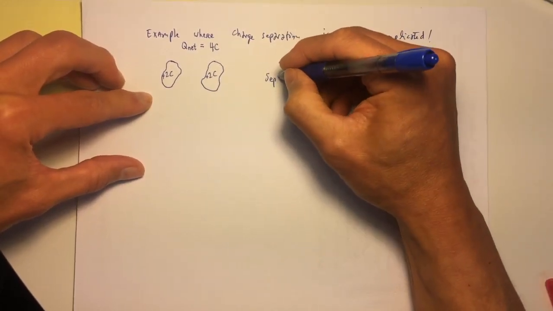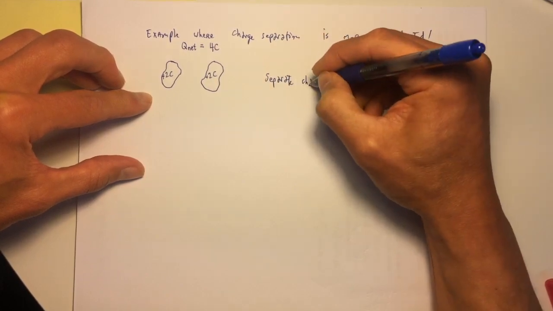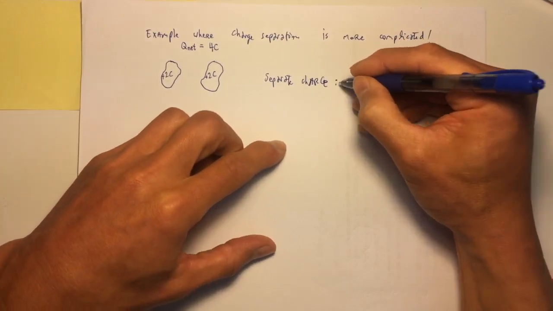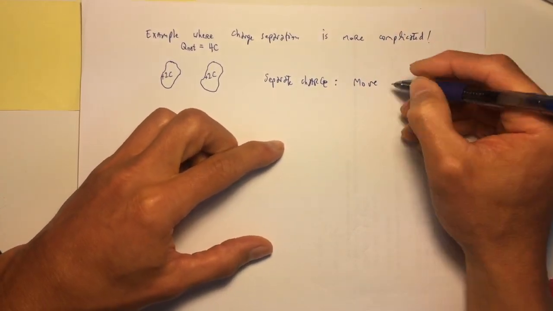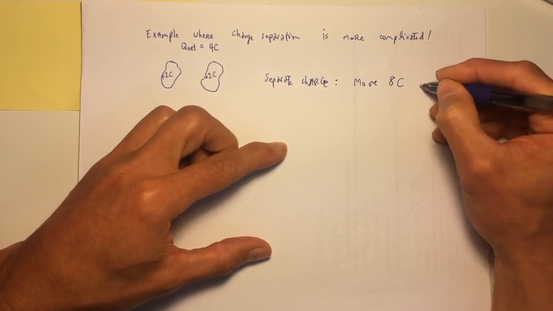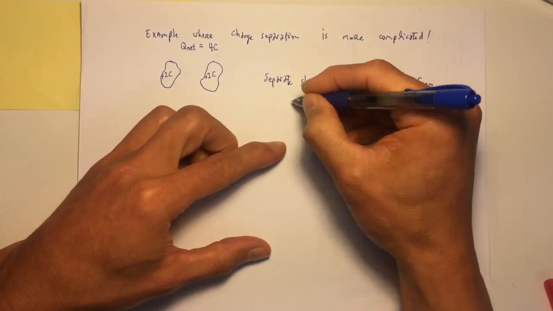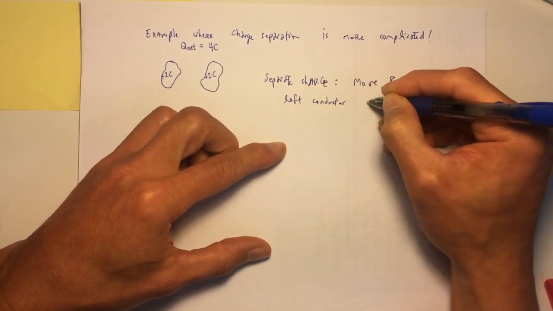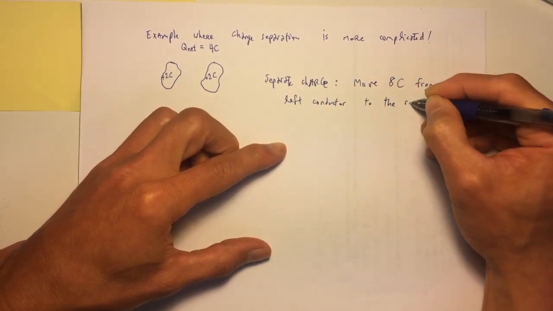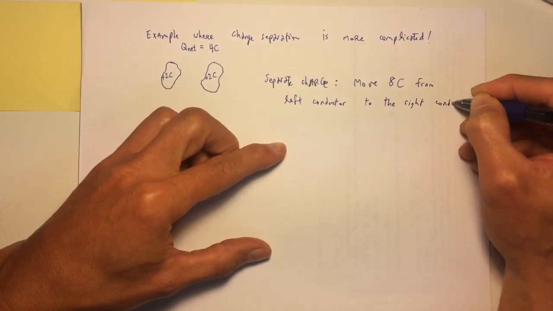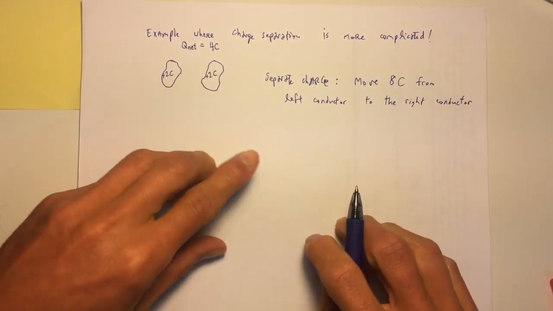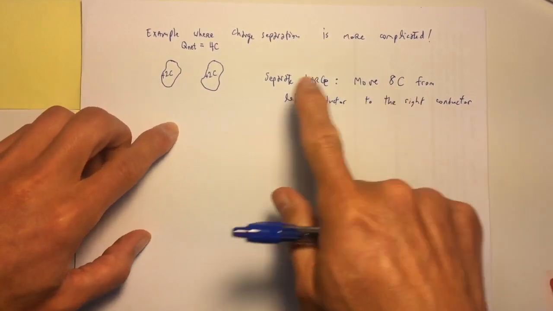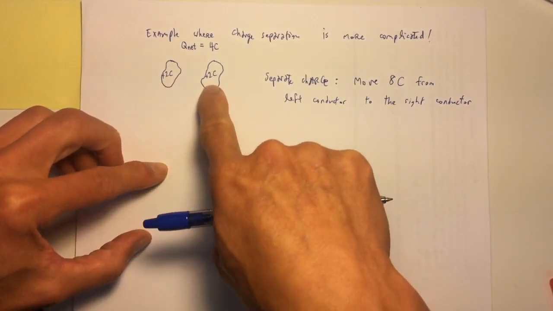Now I'm going to separate charge. So what I'm going to do is move 8 coulombs from the left conductor to the right conductor. So I've started off, they have the same charge, but now what I'm going to do is move 8 coulombs off of here over to there.